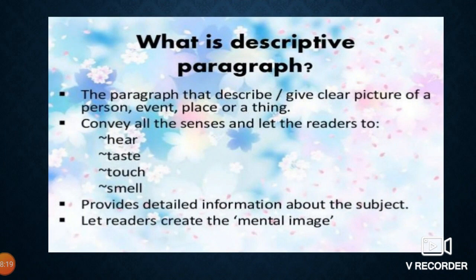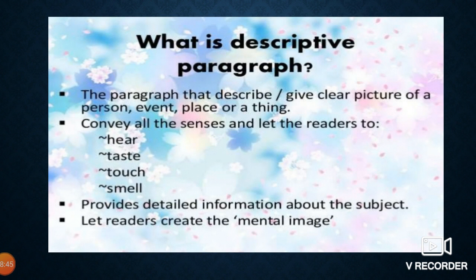So, in that paragraph, as we discussed, that paragraph describes or gives a clear picture of a person, event, place or thing. How is that possible? Convey all the senses and let the readers hear, taste, touch, smell.